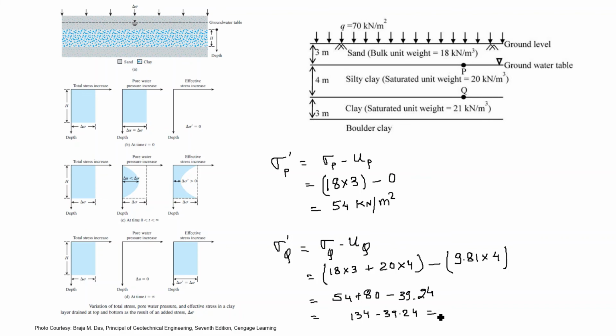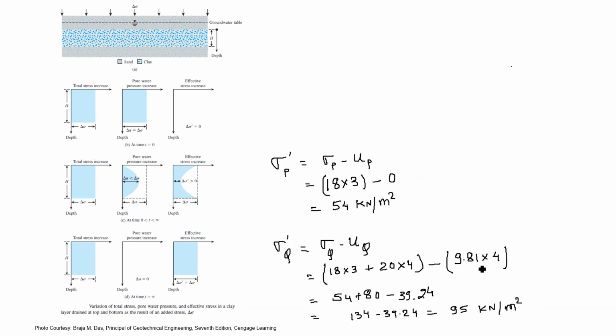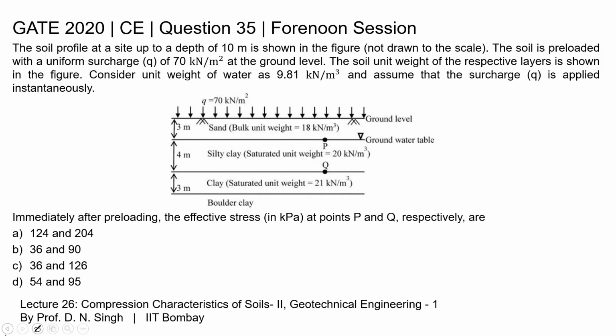So you will get the answer approximately 95 kilonewton per meter square. So the right answer: the effective stress at point P is 54 and at point Q is 95. So see the options. Option D will be your right answer.